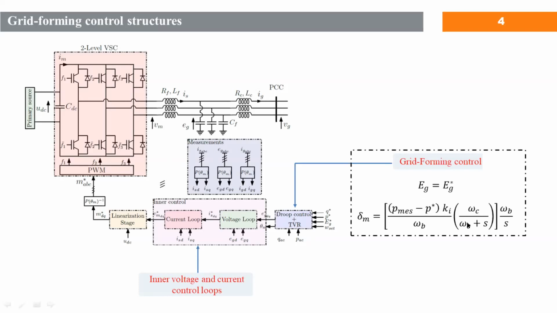And here the droop control consists of the droop gain and the low pass filter. In this work, the low pass filter cutoff frequency is taken very high in order to neglect the inertial effect, and the reactive droop control as well is neglected in order to keep the voltage across the capacitor close to the voltage reference.